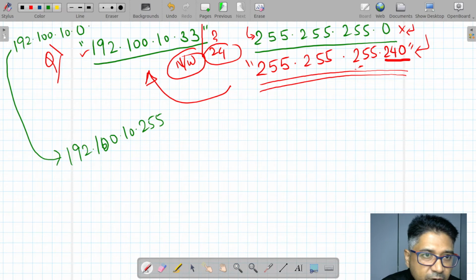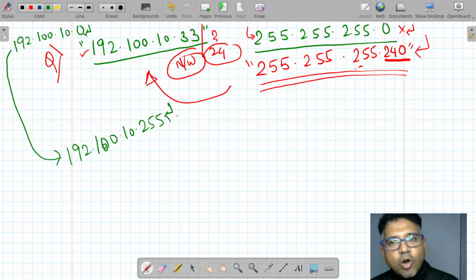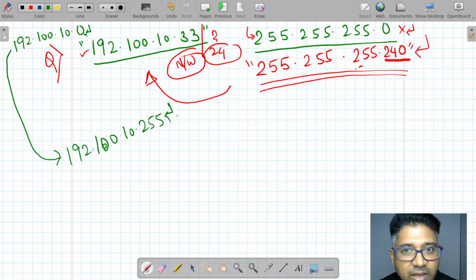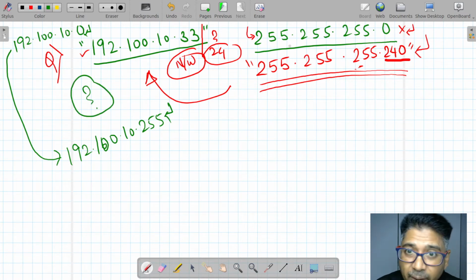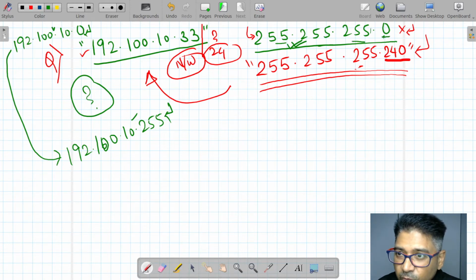So this is my network IP and this is my broadcast IP. This is clear or not? Yes, sir. When my subnet mask is this, my network starts from this and the subnet mask is 255.255.255.0, because this is my network, it starts from 0 and goes to 255. Right? Clear?